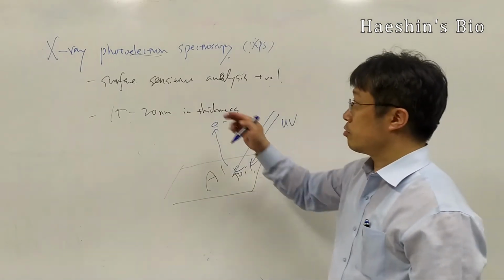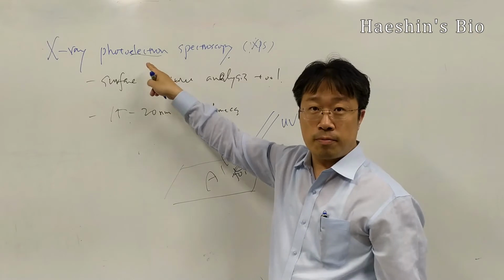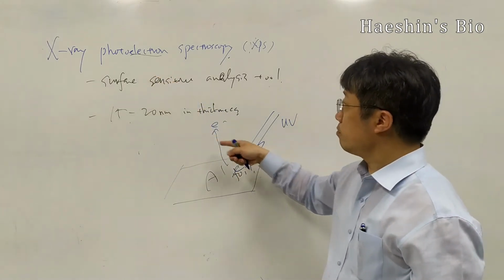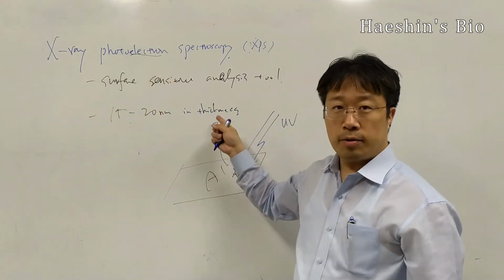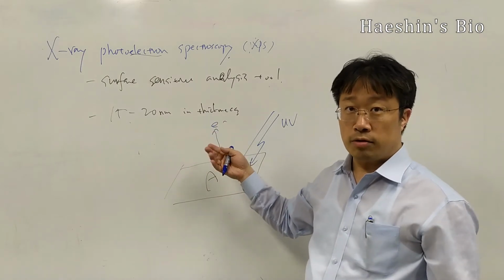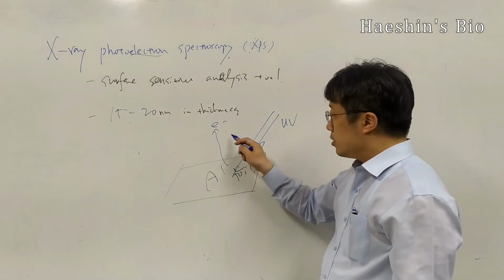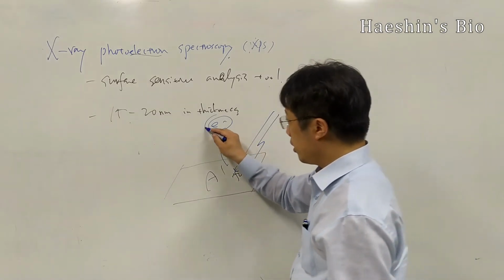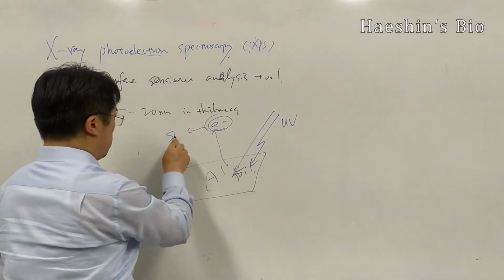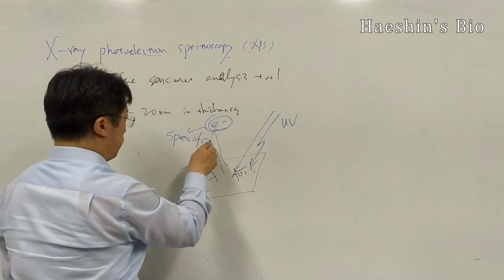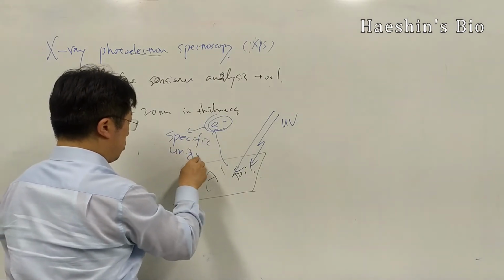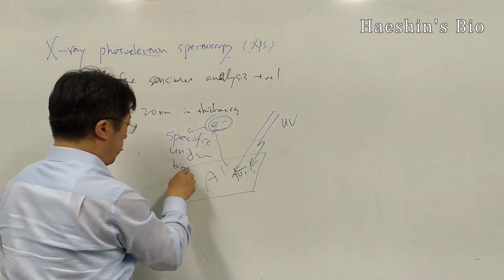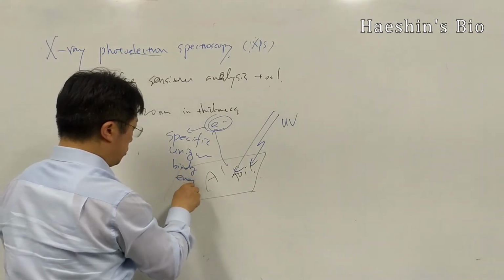This is generally called photoelectron: we provide a photon, and electrons come out. These photoelectrons have very specific energies, a unique binding energy.